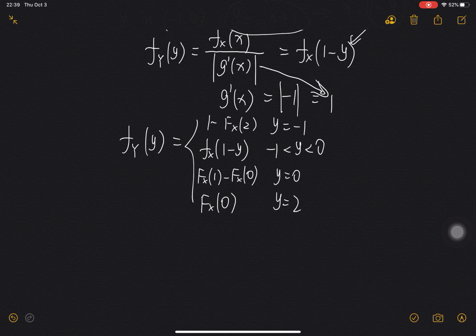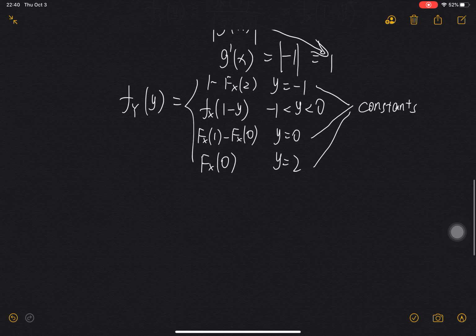Then from this part, we know that when y equals minus 1, 0 and 2, the values of the mass function of y are all constants.